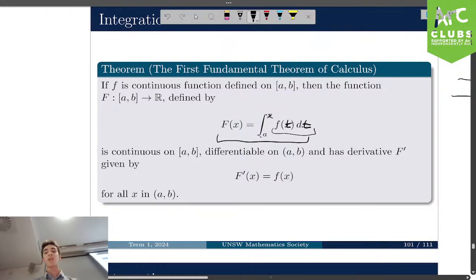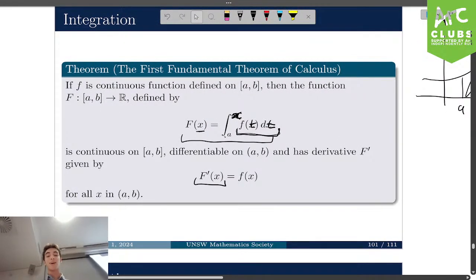So as you change x here, the bound is actually what changes, right? Then the derivative of this big F function will be whatever is just inside the integral.